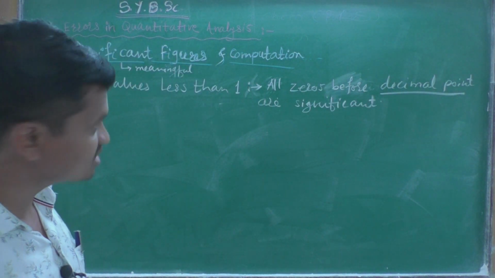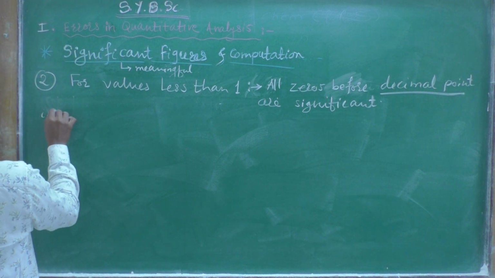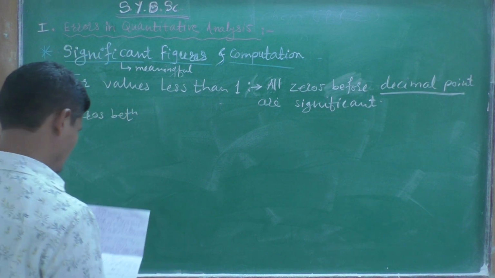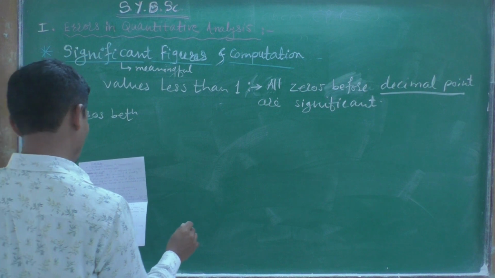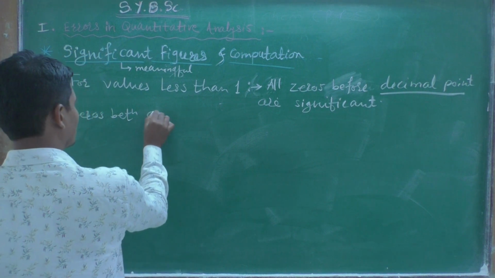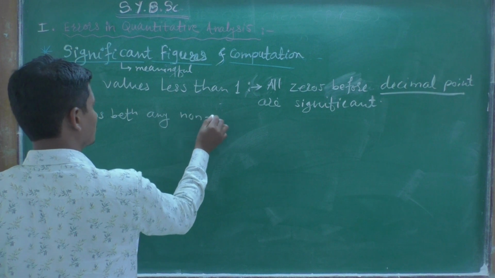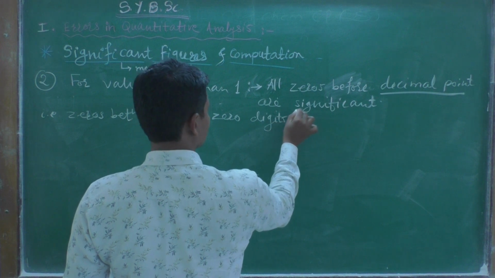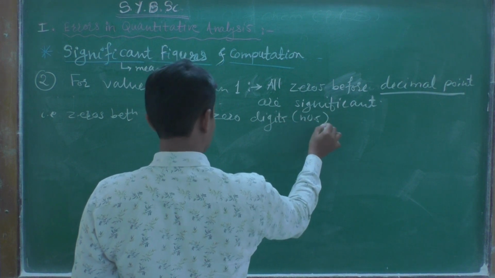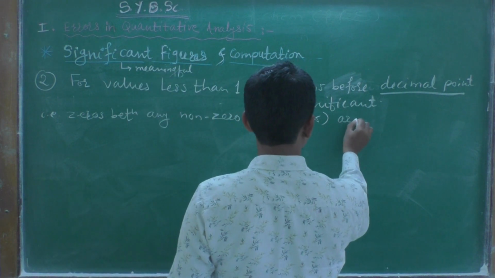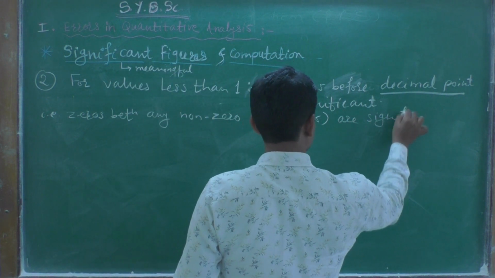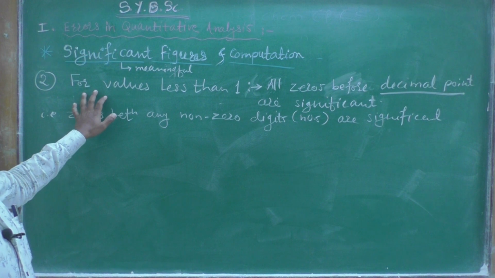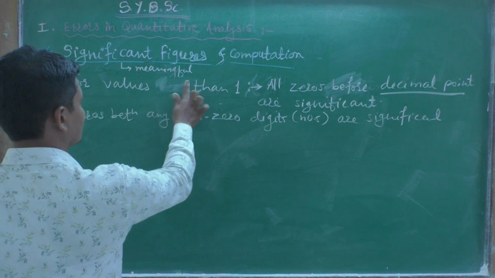Okay, the meaning of this is that zeros between any non-zero digits or numbers are significant. So this is the reverse of the second rule, and it is for values greater than 1.